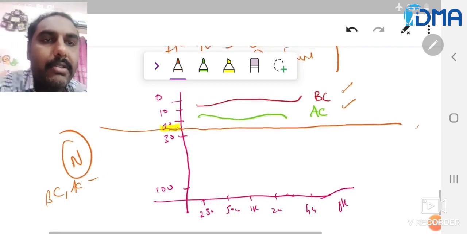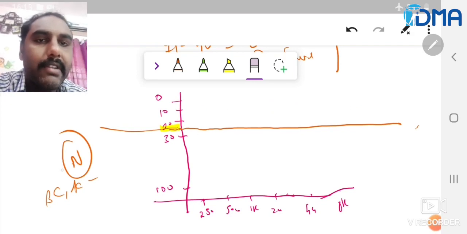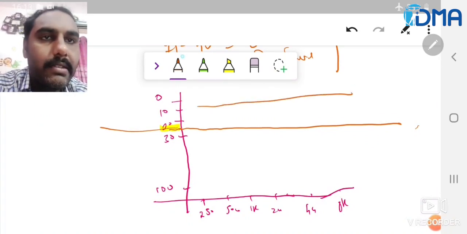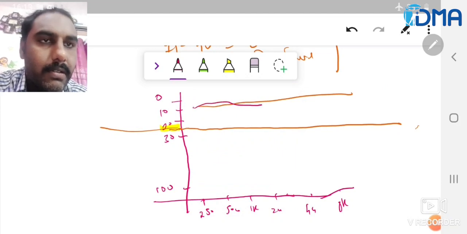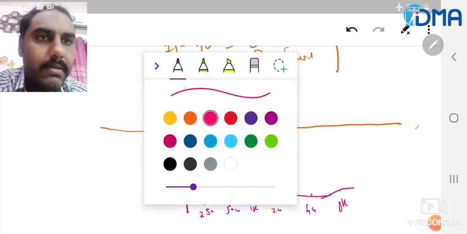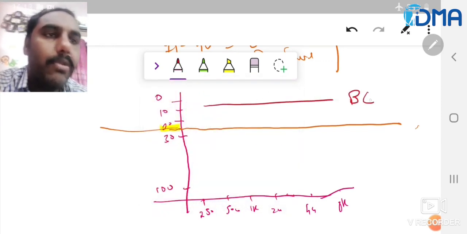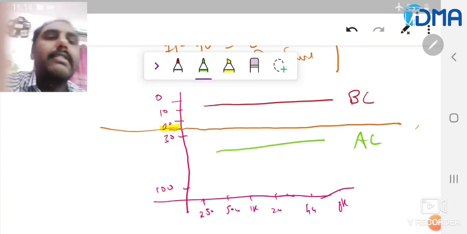Okay. So now consider again, I am just changing the graph now. Now say this is my first line, so let's change the color. This is a bone conduction and this is an air conduction.